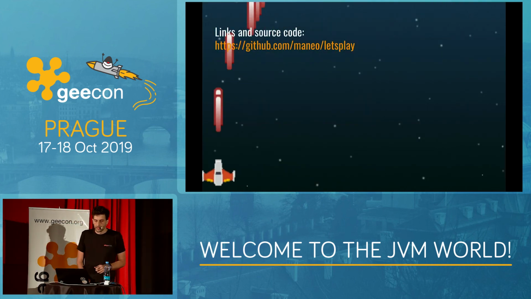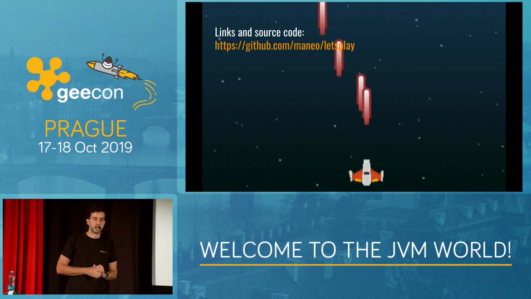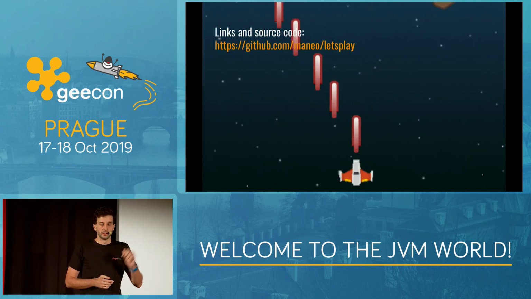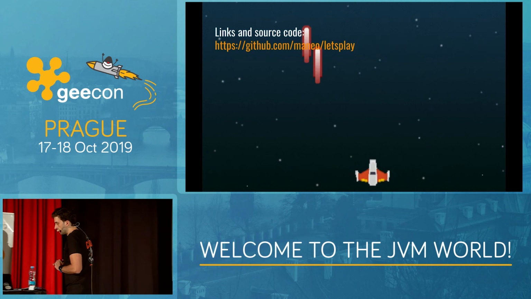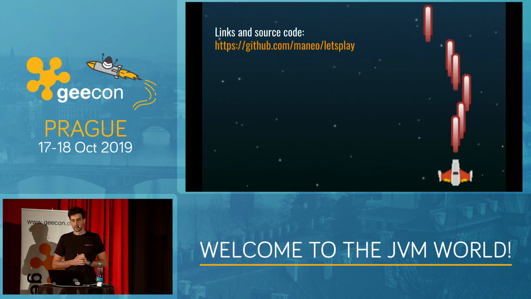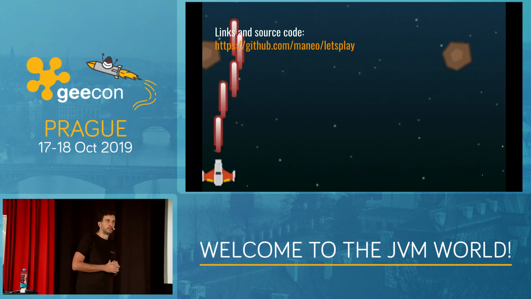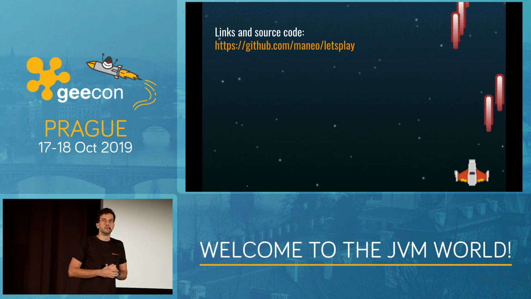All the examples, all the source code, how I hacked the shmup, is available here on my GitHub. Go and take a look if you are interested in this kind of experiments. There are multiple games with open source code available on the internet.